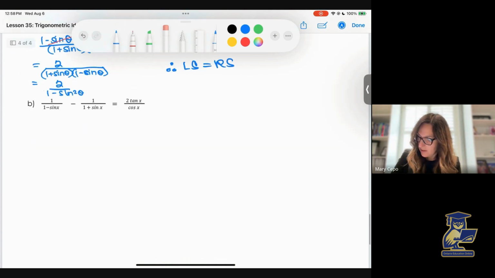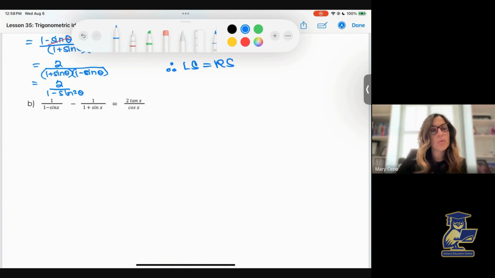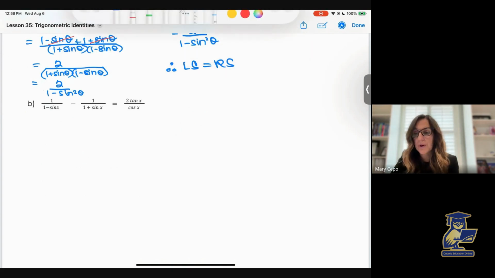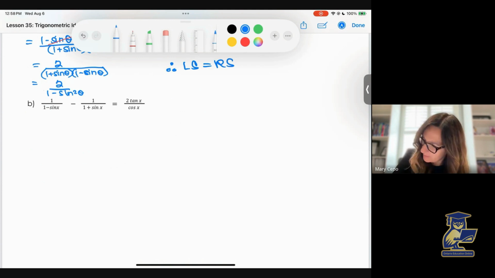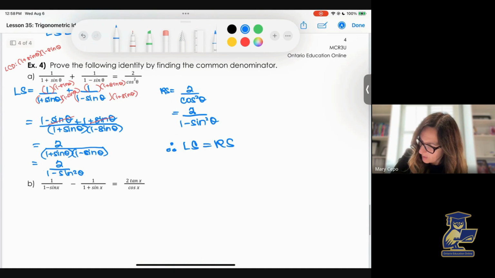Okay, last but not least, again, we want to make sure that we are proving the identity by showing the left side is equal to the right side using the common denominator. So looking at B, in this case again, the lowest common denominator happens to be 1 minus sine of x, 1 plus sine of x.